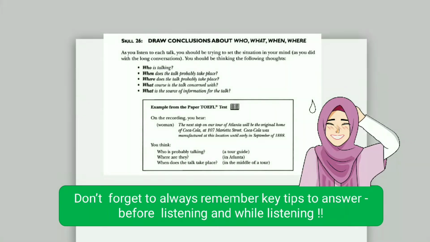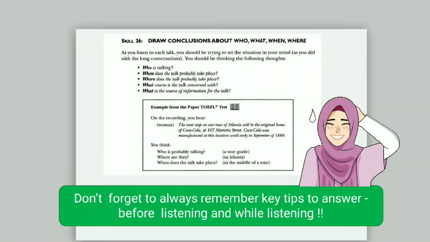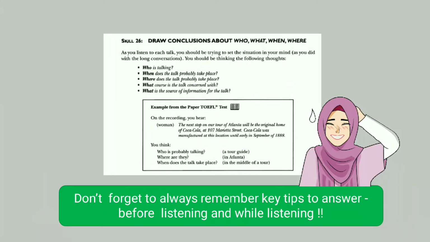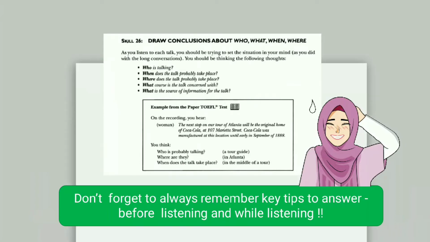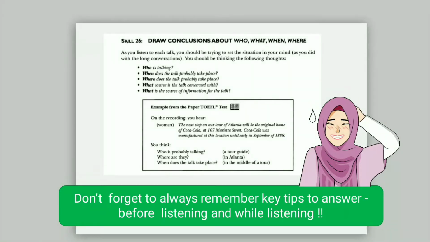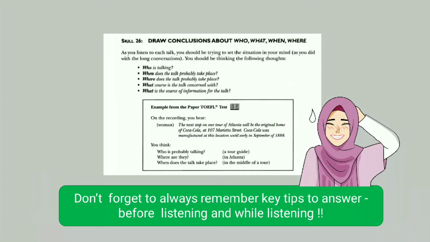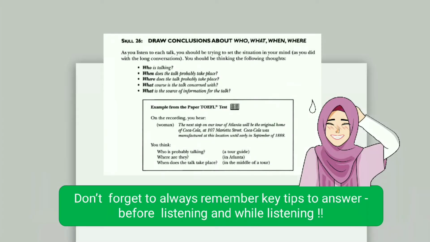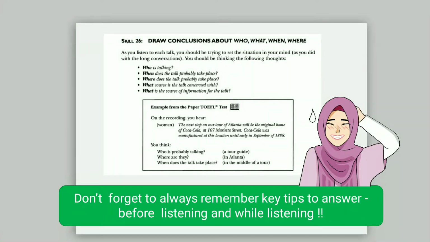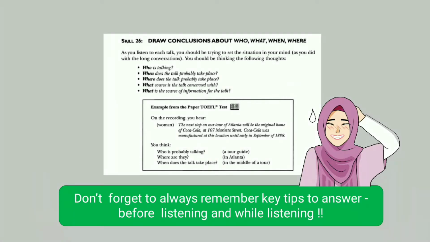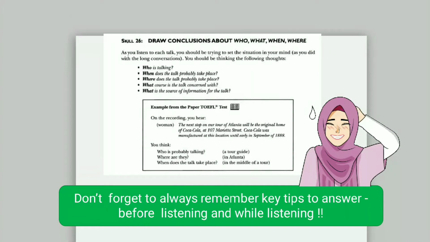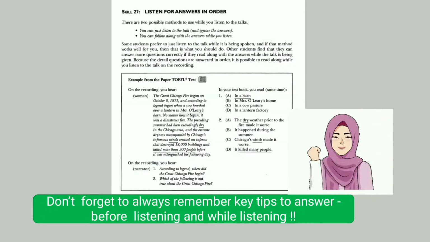The answer to that question is in the sentence, in Atlanta. And lastly, you can think of the question, when does the talk take place, and the answer is in the middle of the tour. Don't forget to always remember the key tips to answer long talks before listening and while listening.